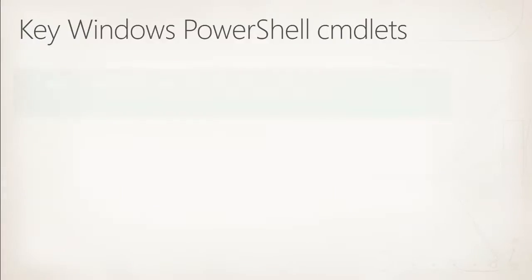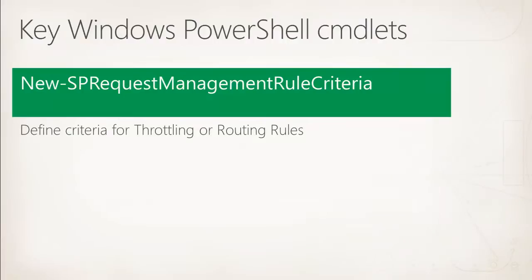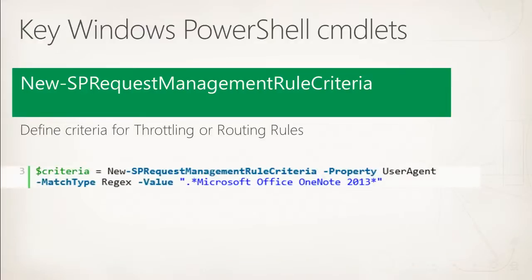Then we have the management rule criteria, and this is where we define the criteria for both throttling and routing rules. It's a very simple example where I'm going to use a regex. You shouldn't do this, right? But I'm checking the user agent HTTP property, and if it contains Microsoft Office OneNote 2013, then I'm going to make some decision based on that.